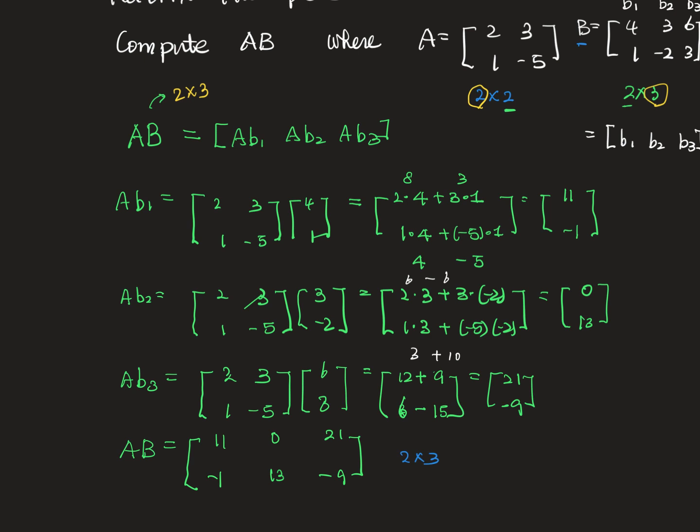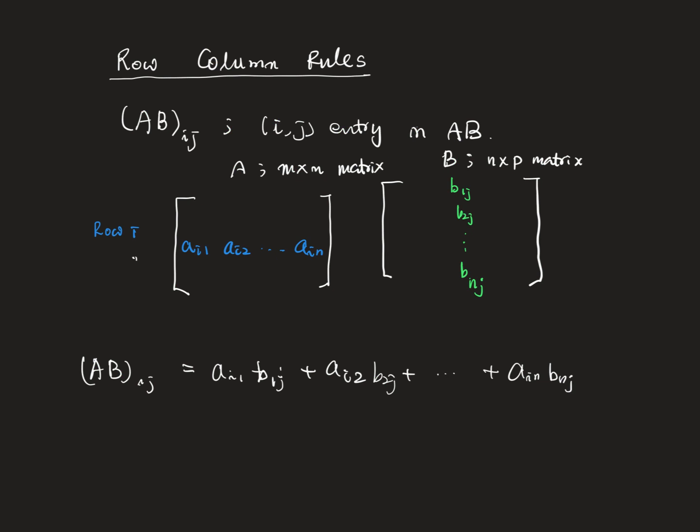All right. It takes a while to find the multiplication of two matrices, right? So I'm going to introduce the row-column rule, guys. How can we find an entry of the multiplication of two matrices? For AB, the multiplication of two matrices, we want to find the ij entry of AB. Make sure this is the A matrix.